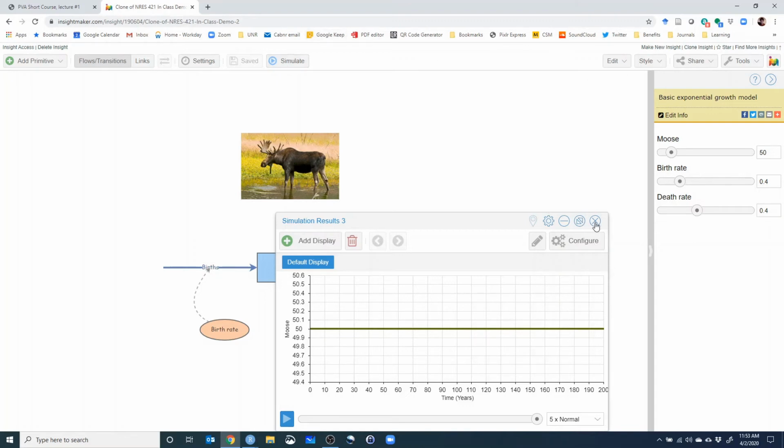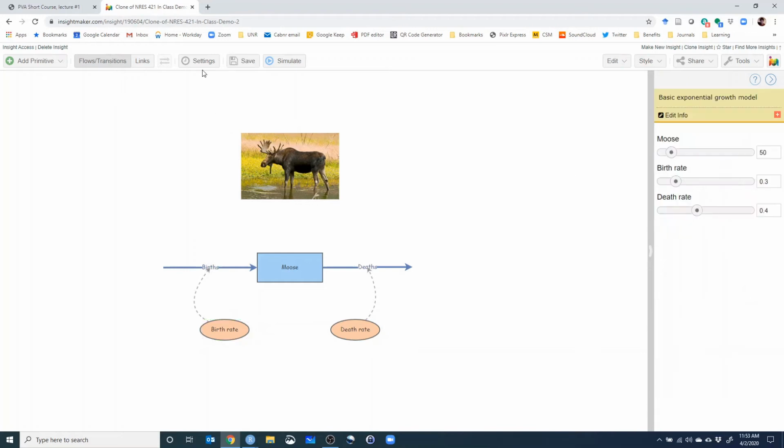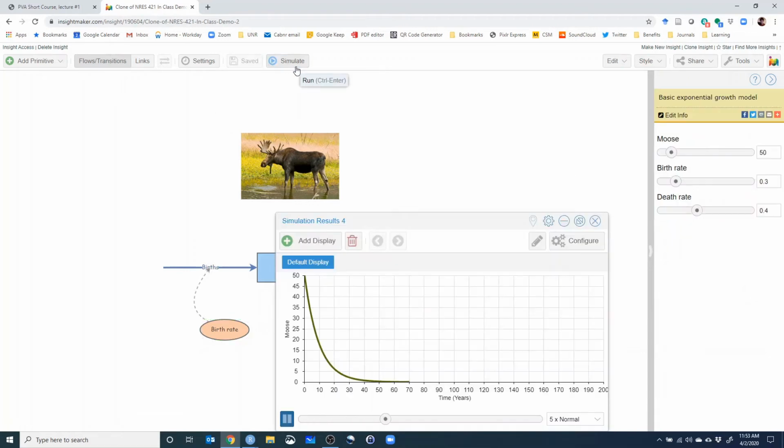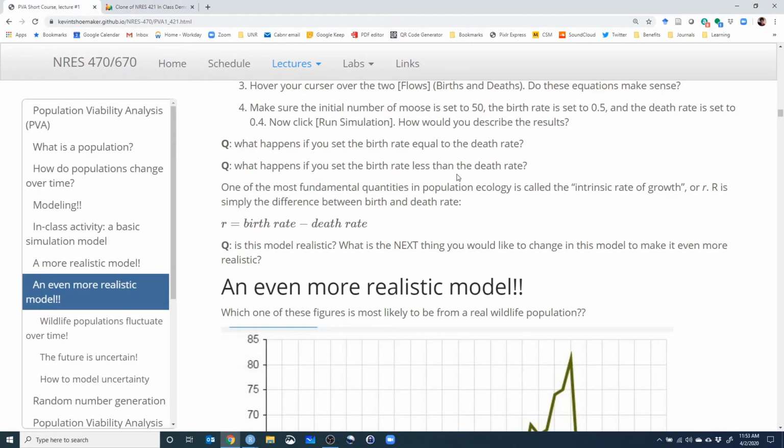All right. And if the birth rate is less than the death rate, say 0.3, then we get a declining population. And that is called negative exponential growth. And the population eventually goes extinct.